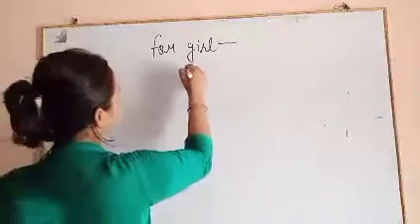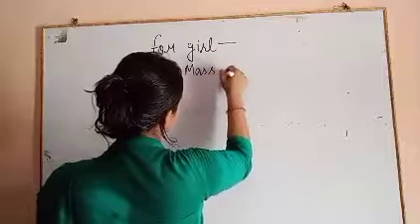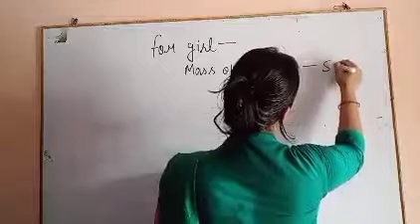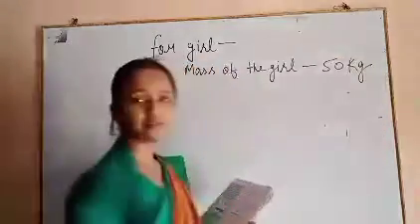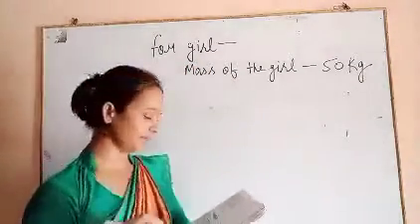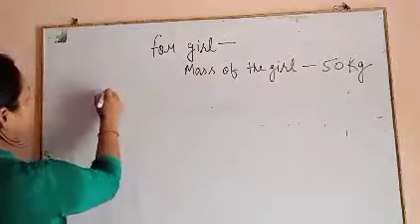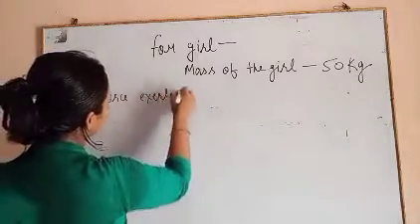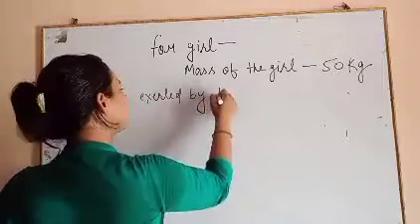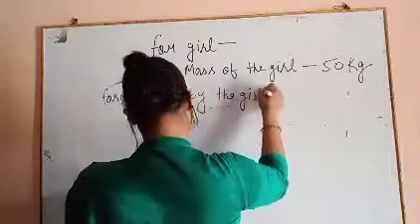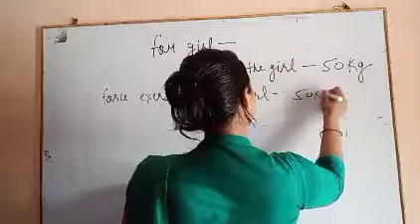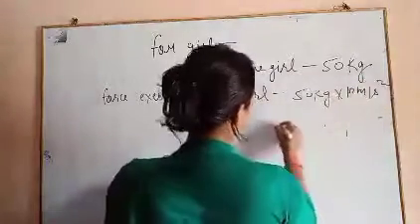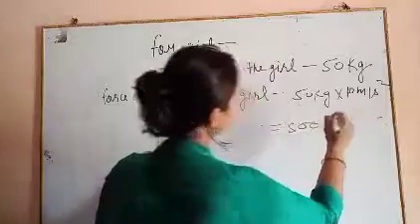What is the mass of the girl? 50 kg. Force exerted by the girl: 50 kg into 10 meter per second square is equal to 500 Newton.